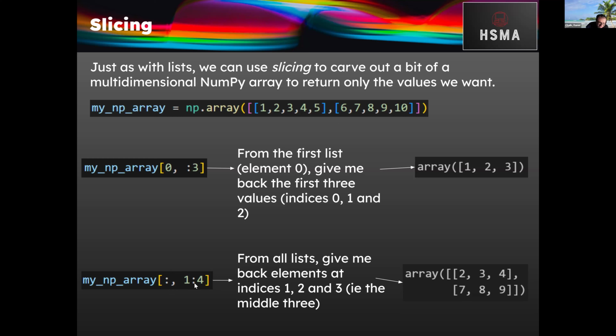So in other words, indices 1, 2, and 3. So from both lists, give me back the second, third, and fourth elements, basically. So 2, 3, and 4 from the first list, and 7, 8, and 9 from the second list.